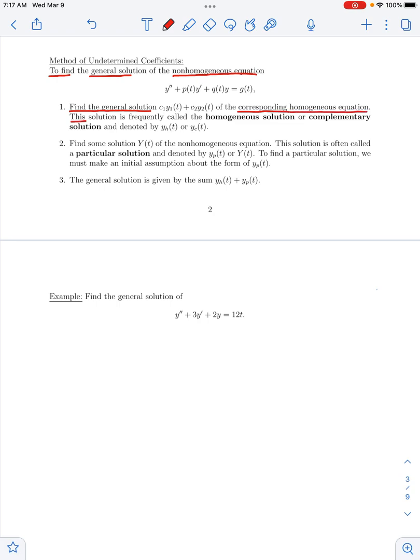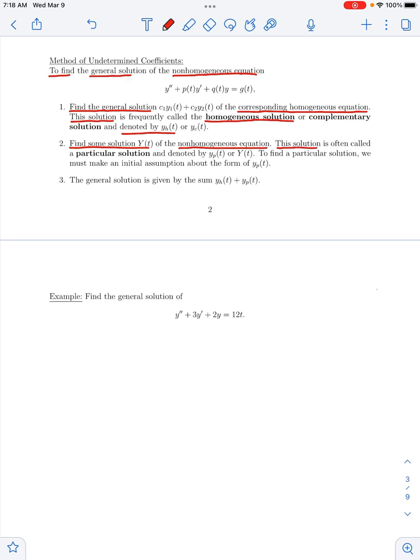We call this solution the homogeneous or complementary solution, and it is denoted by y sub h of t or y sub c of t. Then our second step is to find some solution, capital Y of t, of the non-homogeneous equation.